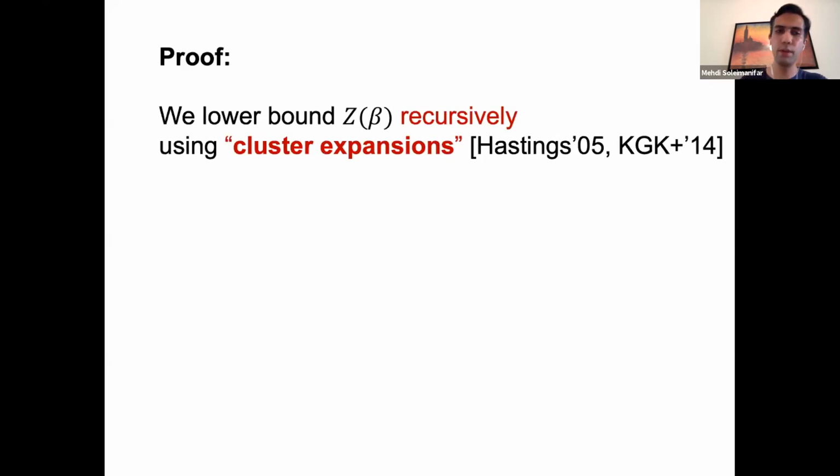And the way we prove this is by recursively lower bounding the partition function using what's called the cluster expansion. So this cluster expansion is one way to get around this problem of having a non-commutative Hamiltonian. It's not the only way.